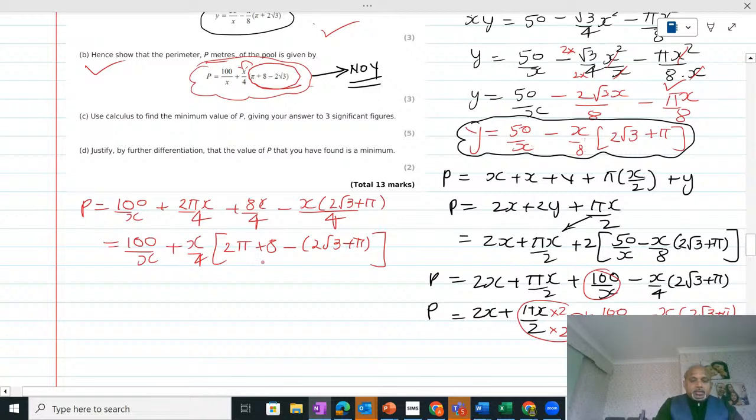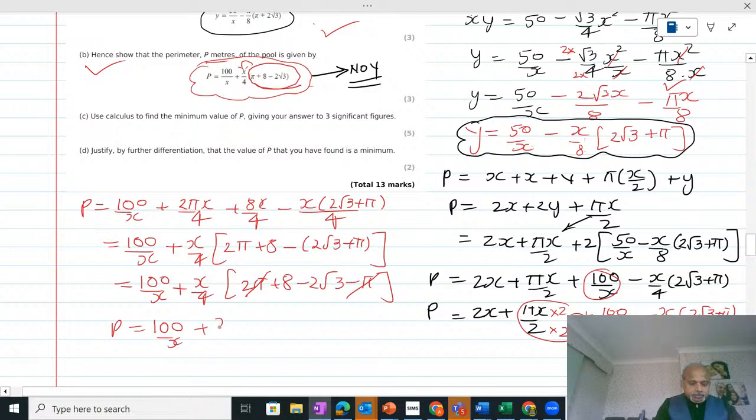Okay, is that fine? And if you simplify further, it should be x by 4 and it is 2 pi plus 8 minus 2 root 3 and minus pi. So this and this will be cancelled out. So we got p equal to 100 over x plus x by 4 times pi plus 8 minus 2 root 3. That is our another part, right?